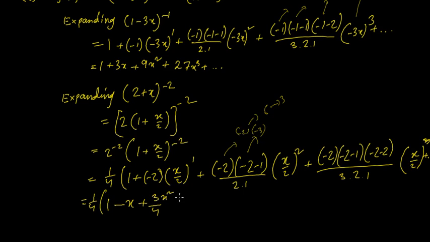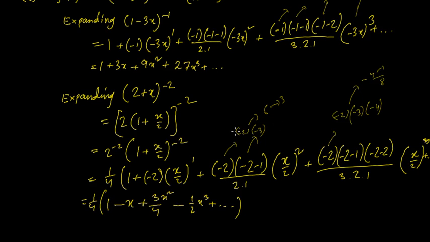The next one: this is minus 2, minus 3, minus 4, so 6 into minus 4 is minus 24, minus 24 by 6 is minus 4. Now 2 cubed is 8, so minus 4 divided by 8 is minus half. This would be minus half x cubed.